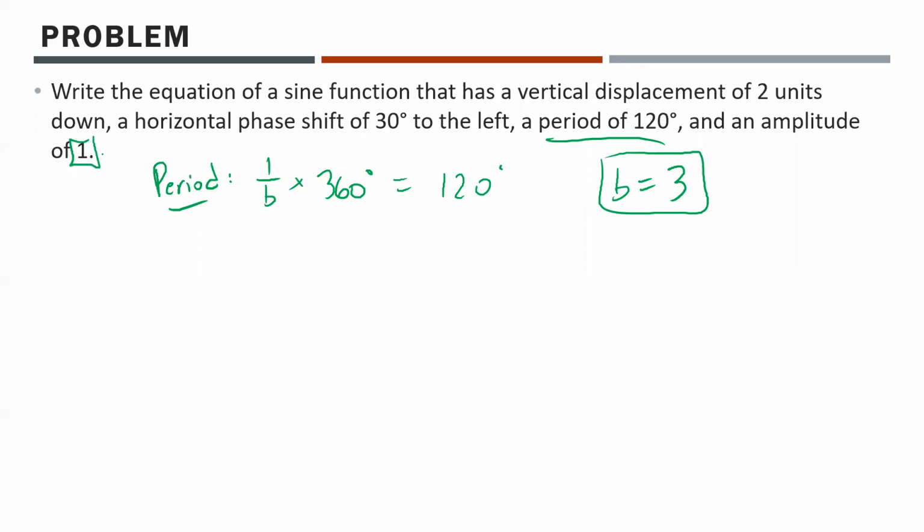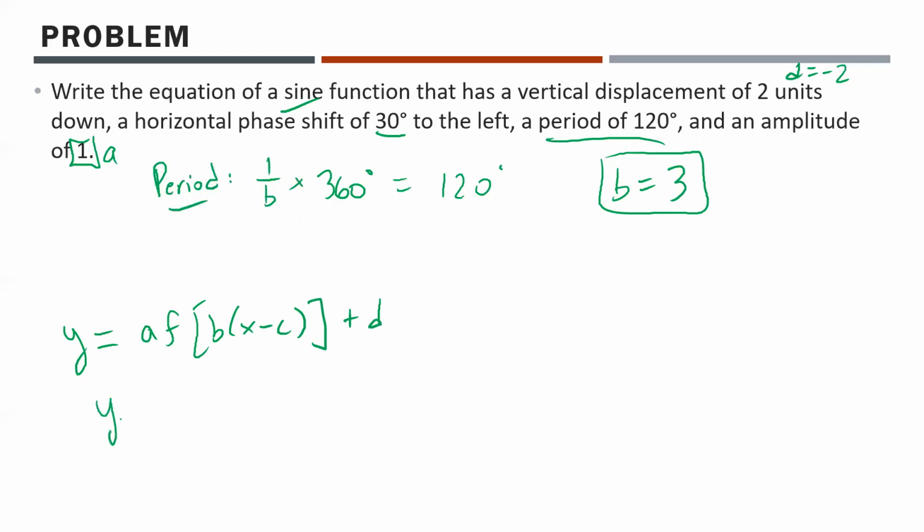We know our amplitude is 1, that's our A value. We know our horizontal phase shift is 30 degrees to the left, so we'll be adding 30 degrees inside the brackets. And we also have a vertical displacement of 2 units down, so D is -2. Throwing this all together and keeping in mind it's a sine function, I'll write the whole thing out: y = A f(B(x - C)) + D. In this question, f is sine, A is 1, so I'm not even going to write it.